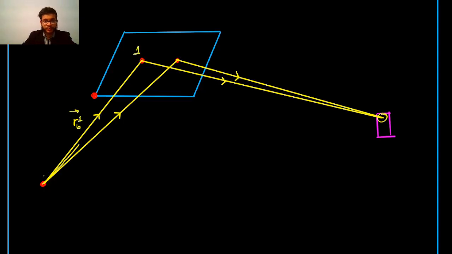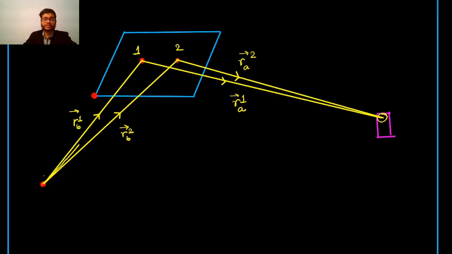This is atom number 1, this is atom number 2. This is R before 2. This is R after 1. This is R after 2. R before 1 is the light ray before reflecting on the first atom. And RB2, R before 2, is the light ray before reflecting on the second atom.